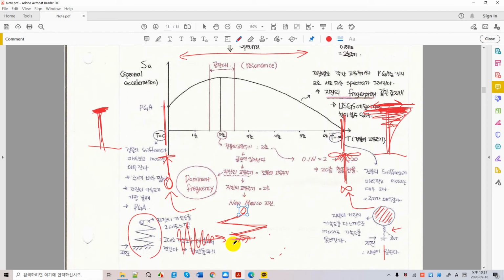So this is represented by a big stiffness K and a small mass. Small mass, big K, small mass, big K. It is a very stiff building, and you have an earthquake, seismic motions, going into that very stiff building.